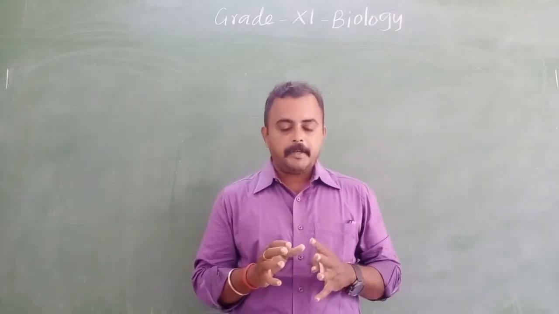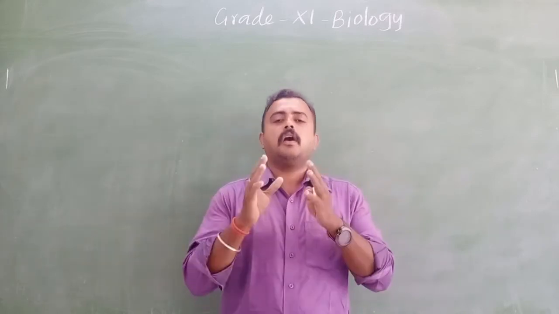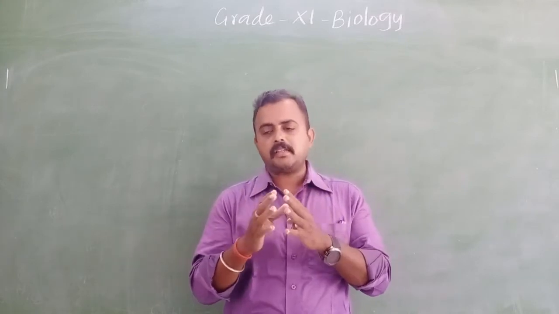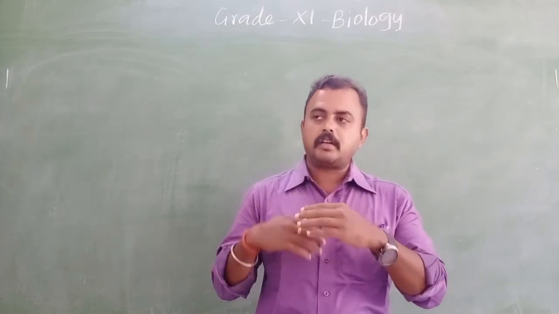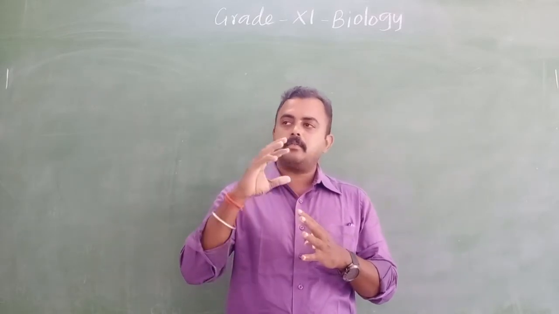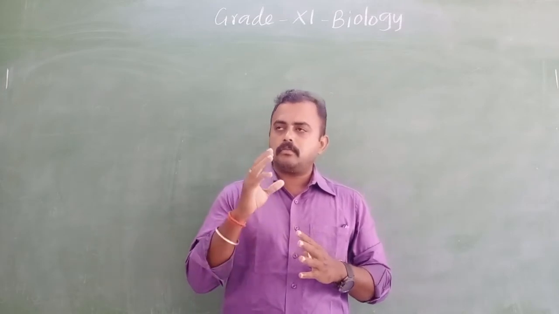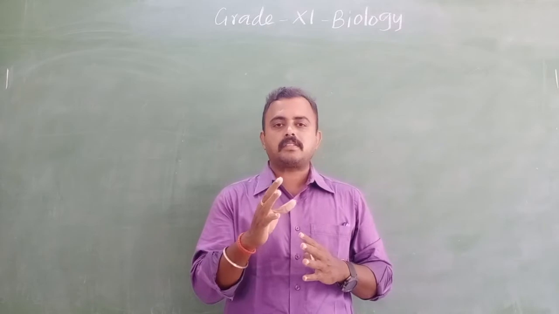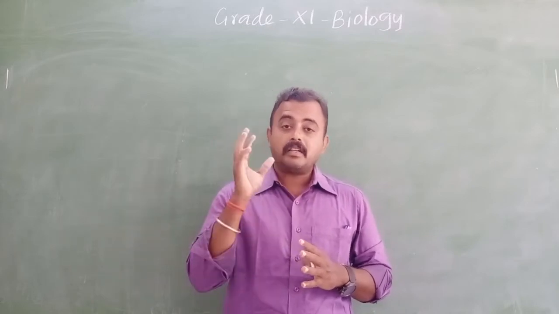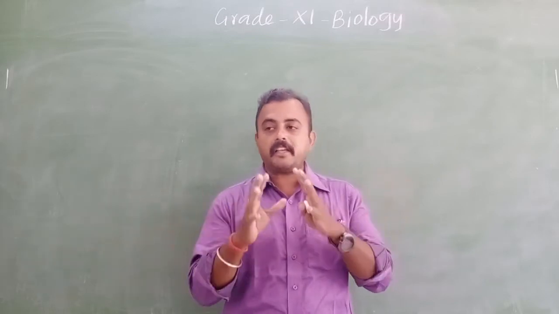Then different kinds of respiratory organs. All living organisms take oxygen and release carbon dioxide, but they have different kinds of respiratory organs, because all animals do not have the same kind. Based on habitat, it varies from place to place.